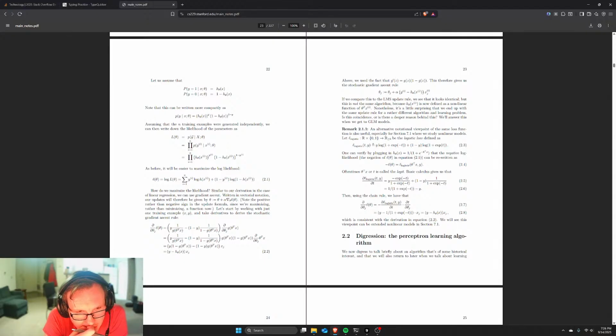So we end up with y times 1 minus the sigmoid of the thing, minus 1 minus y times the sigmoid of the thing.